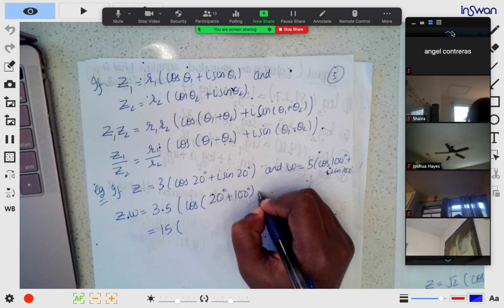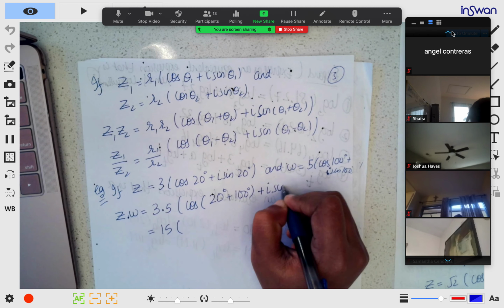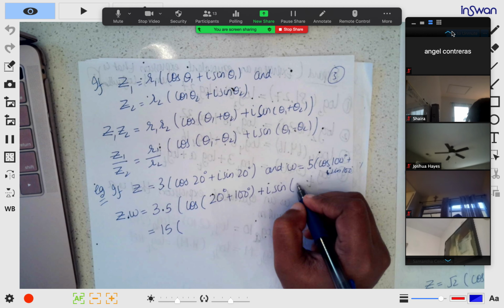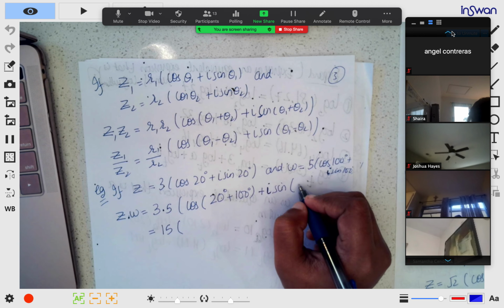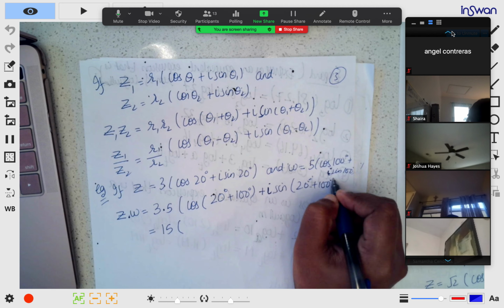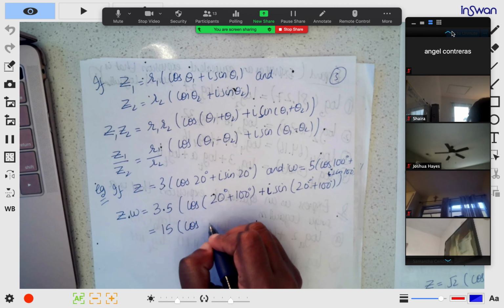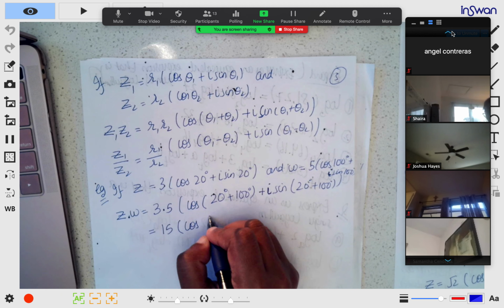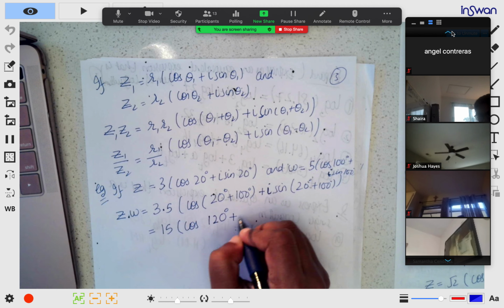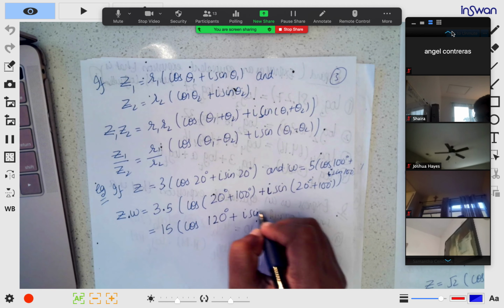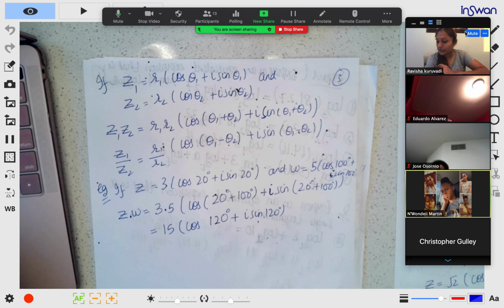And then it'll be plus i sine 20 degrees plus 100 degrees. That would be 15 cosine 120 plus i sine 120. Correct. That's it. Good. Very good.